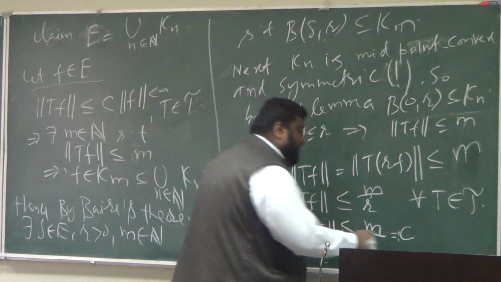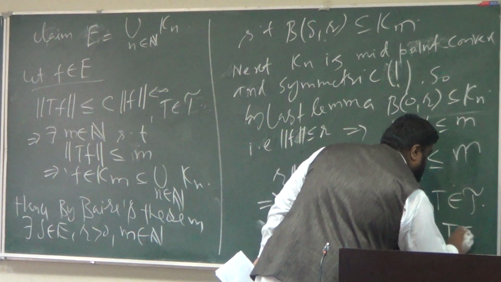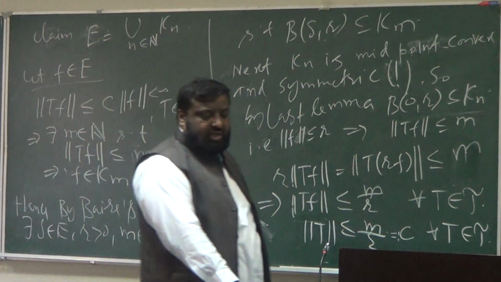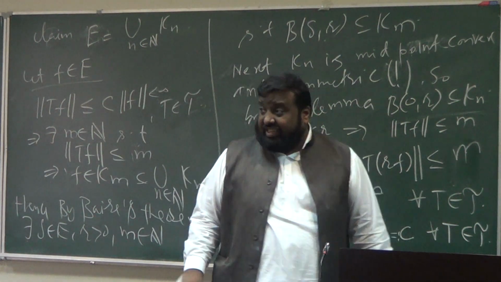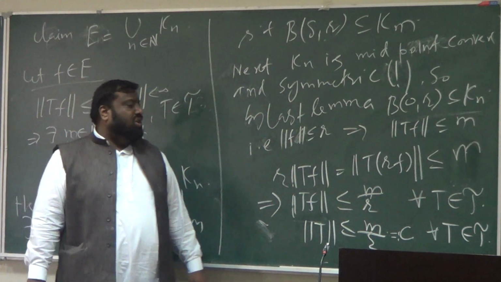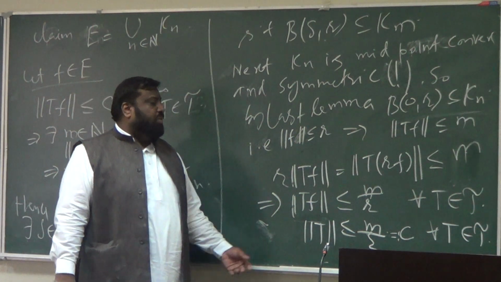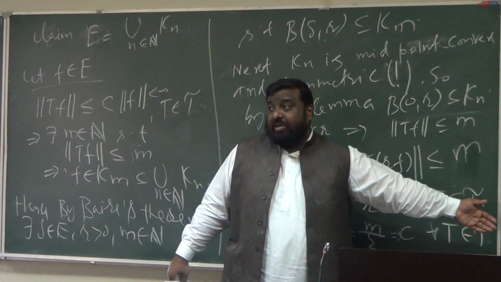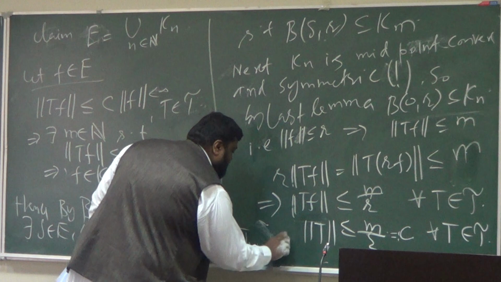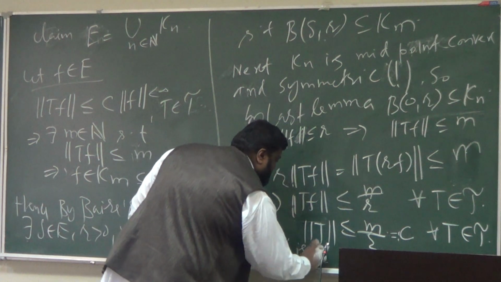This is true for all T in the family. Hence we showed that pointwise boundedness implies there is a constant which is bigger than all of the norms of the operators in the family, and hence the family is uniformly bounded.